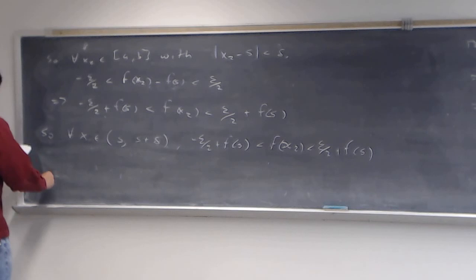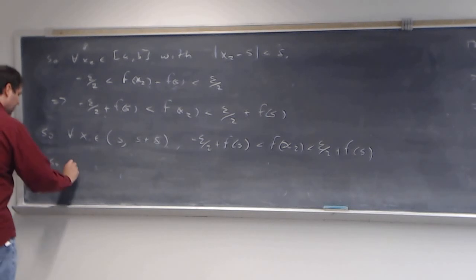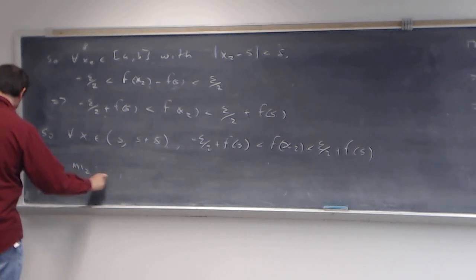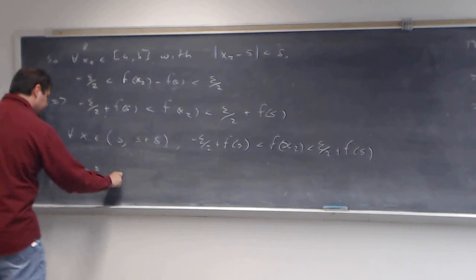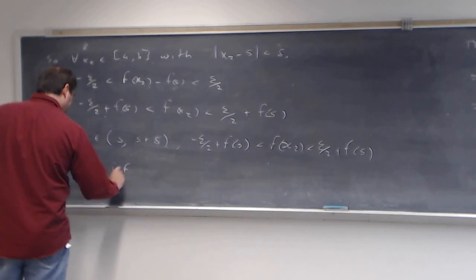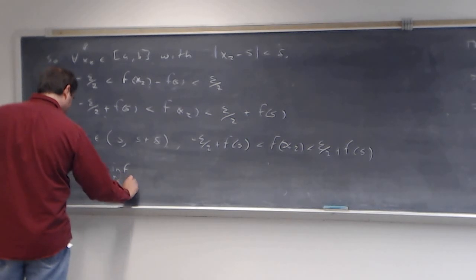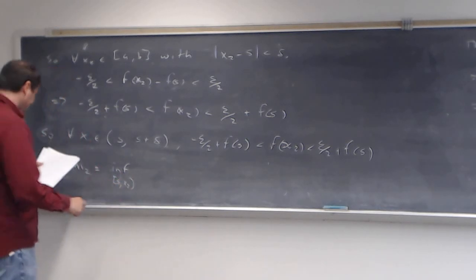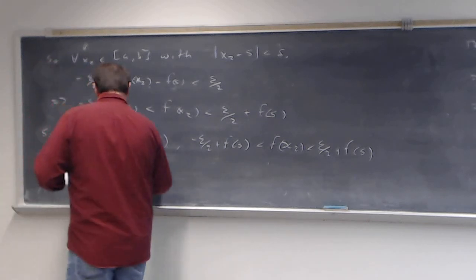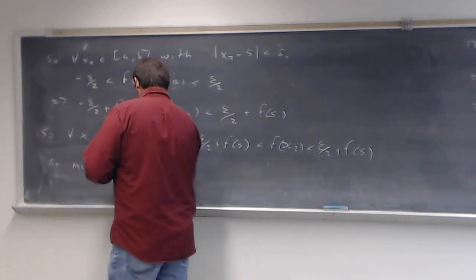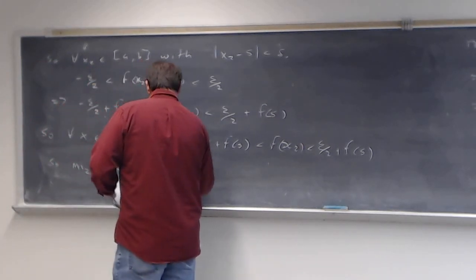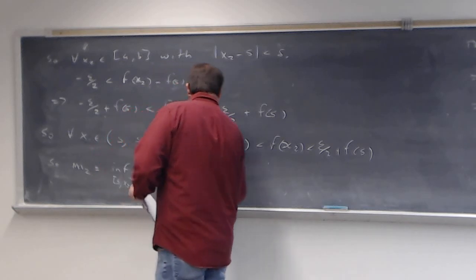So, what this tells us is that the little m sub 2, which equals the infimum over, here it's going to be s to x sub 2, then x sub 1, but that's just s, is going to be greater than or equal to minus epsilon over 2 plus f of s.